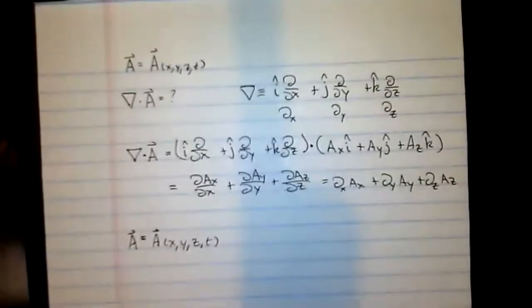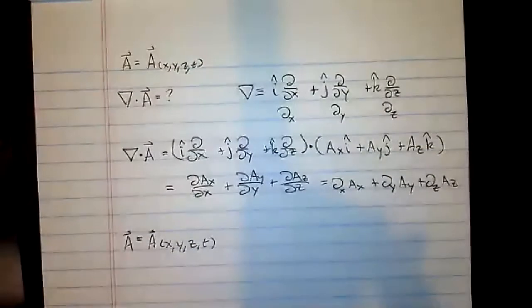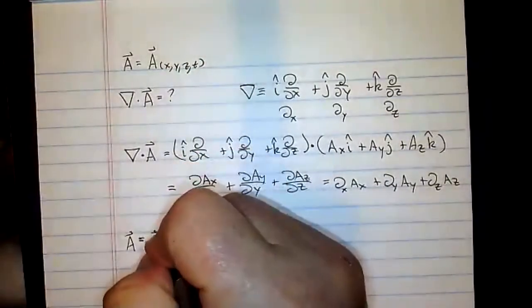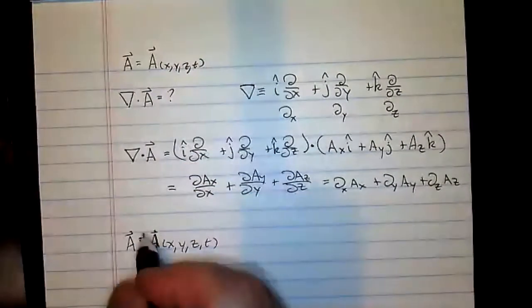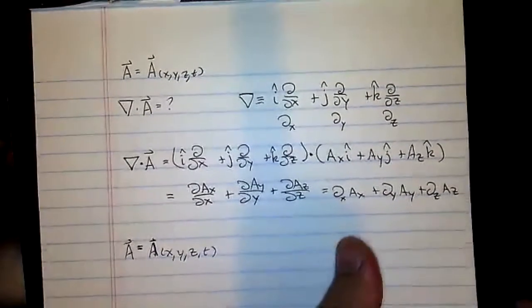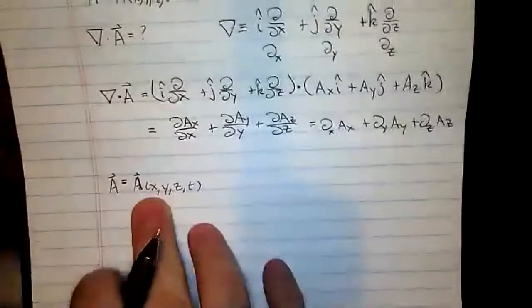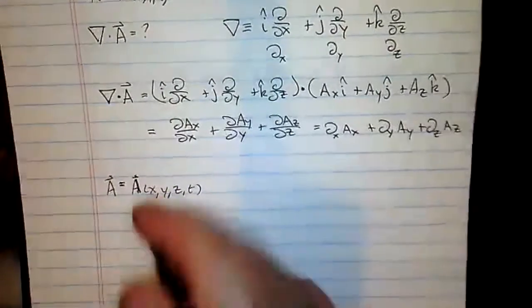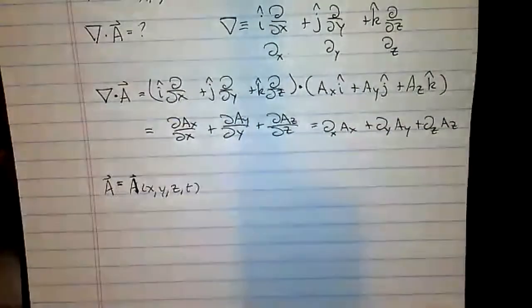So that really is what the vector field is. It can be a function of x, y, and z, it can be all sorts of stuff. But the main thing is a vector assigned to each point in space x, y, and z. But x, y, and z may actually be explicit variables in the actual vector field.